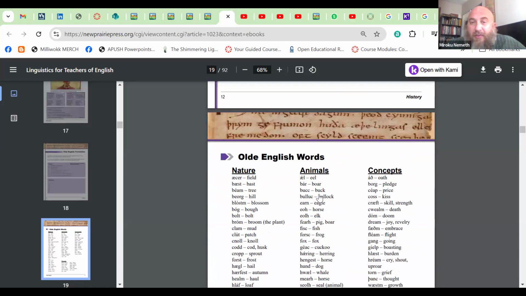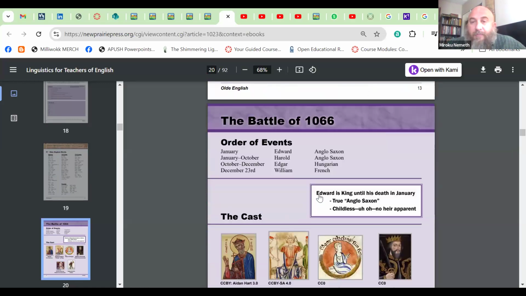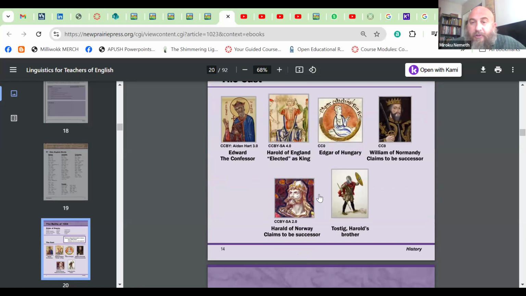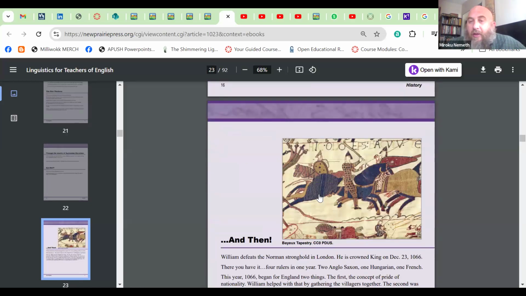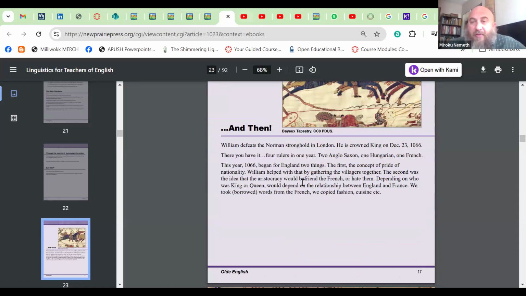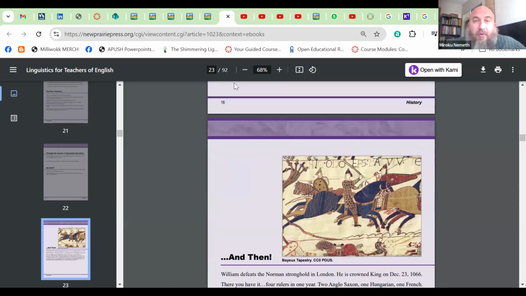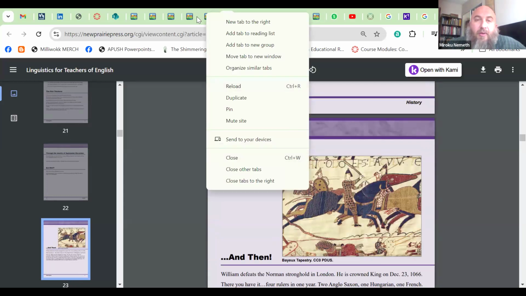If you're interested in this, that's a whole book on it, the Bayeux Tapestry and about the Roman West.